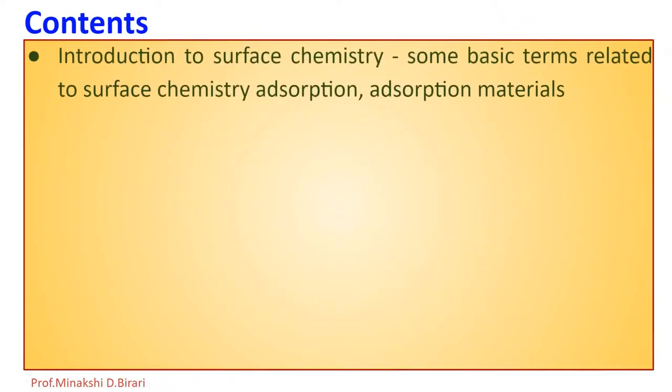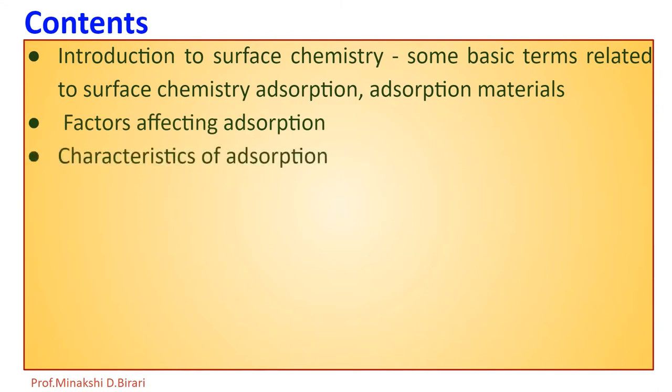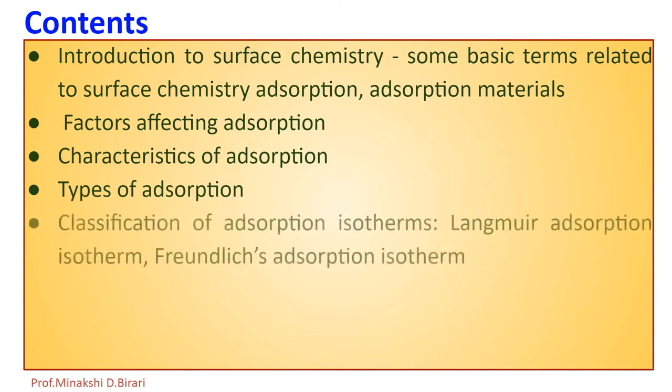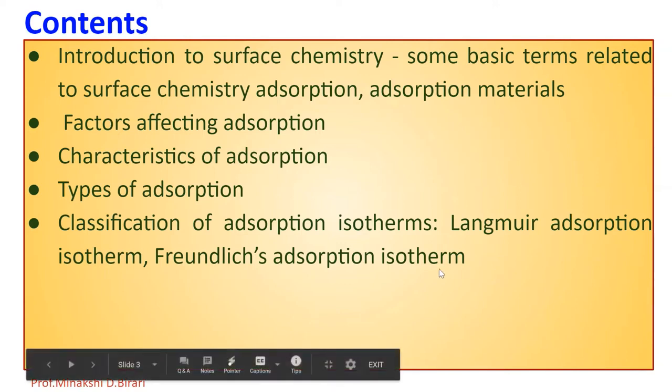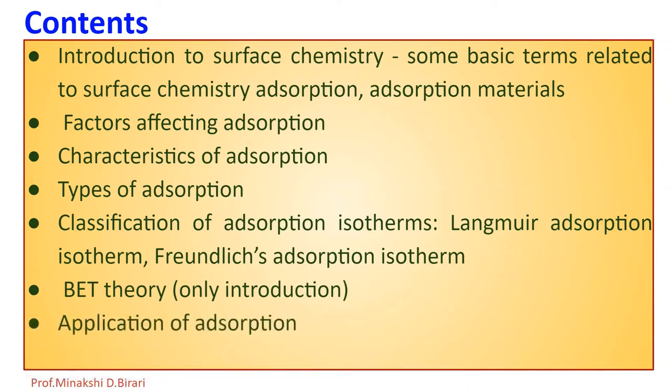In this unit, we have to study an introduction to surface chemistry and also some basic terms related to surface chemistry, factors affecting adsorption, characteristics of adsorption, types of adsorption, classification of adsorption isotherms, Langmuir adsorption isotherm, Freundlich adsorption isotherm, BET theory, and applications of adsorption, and also numericals related to surface chemistry.